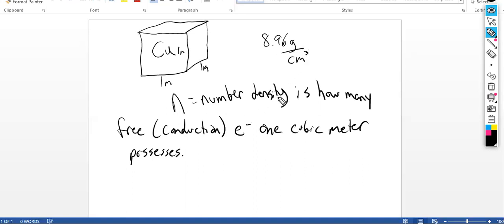I want the number density, not the density. You might have to ask it this way: the number density of conduction electrons. Because this is mass per volume, the actual density, how many grams of mass per cubic centimeter of volume. Anybody have that number density?